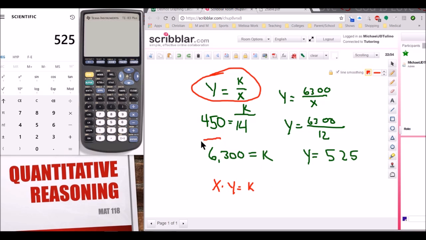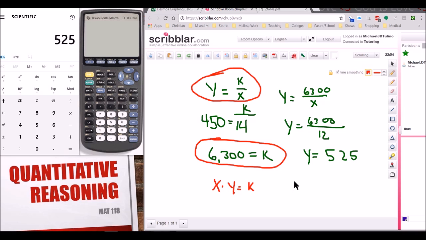And we know the constant here is the 6,300. But if it varies inversely, that means that every X times Y is going to result in that K value. So what that means is, if I do 12 times 525, that has to equal the 450 times 14.